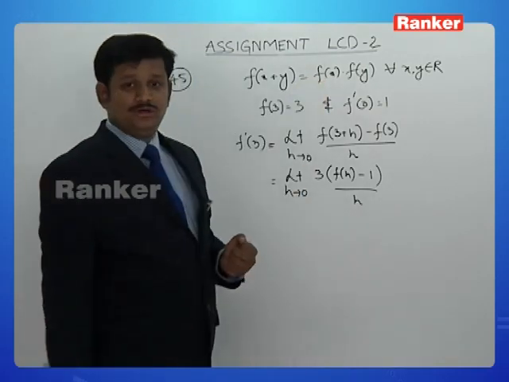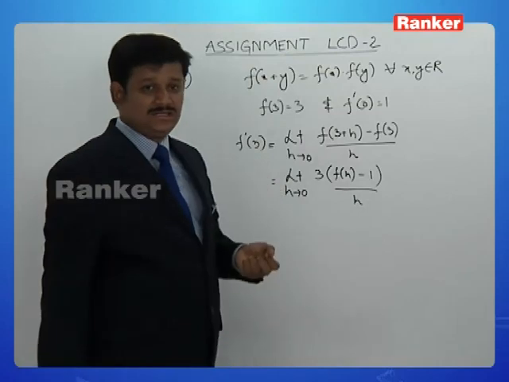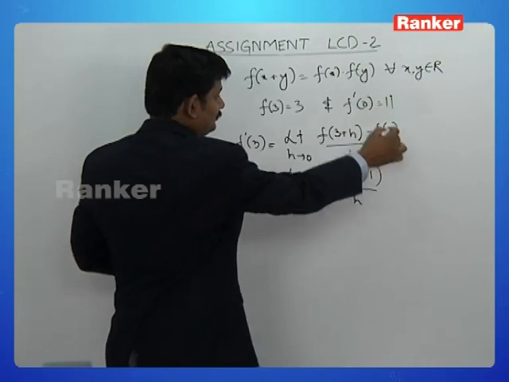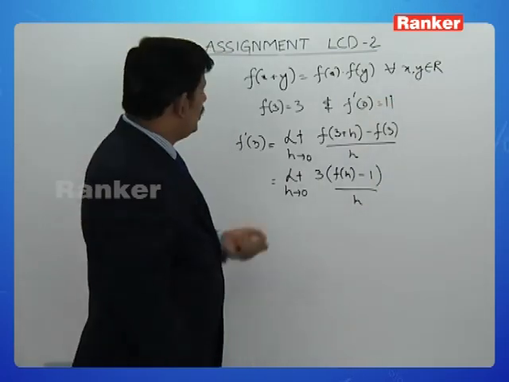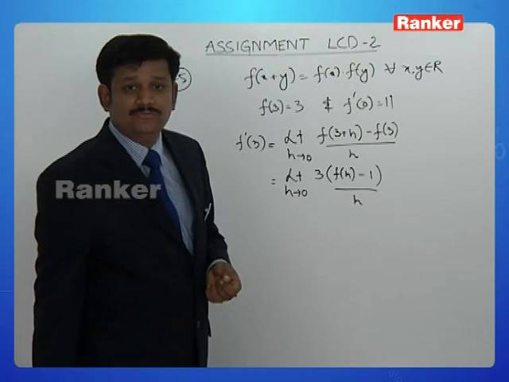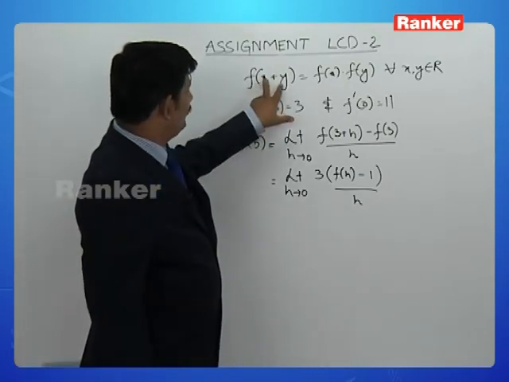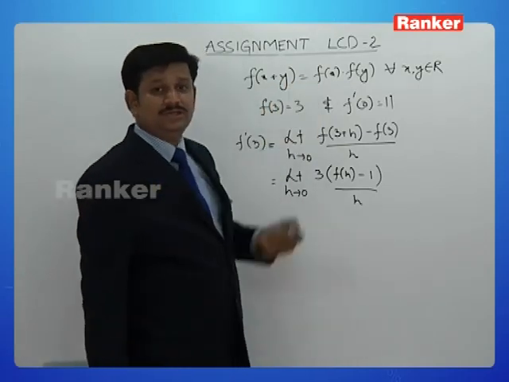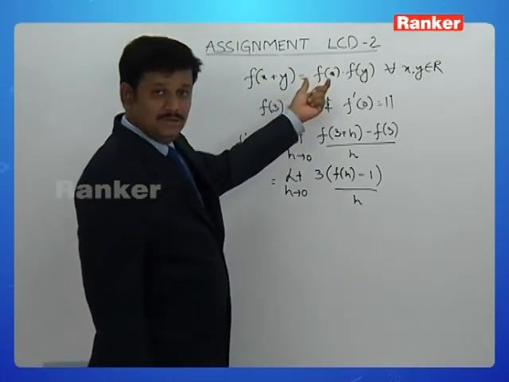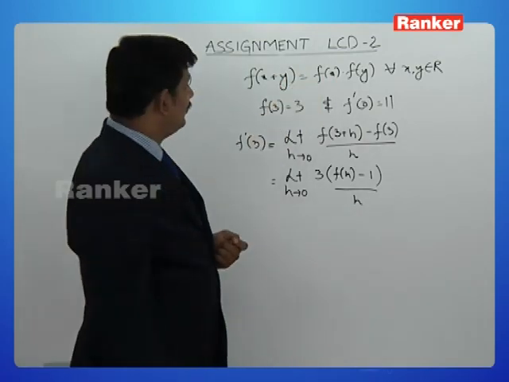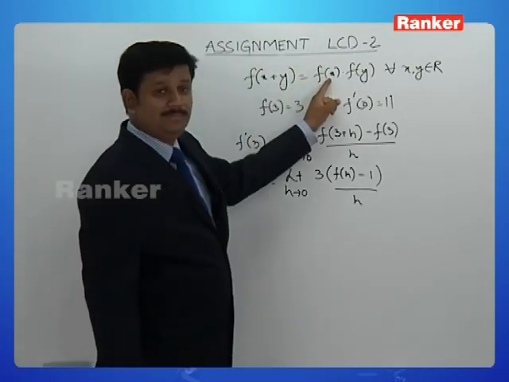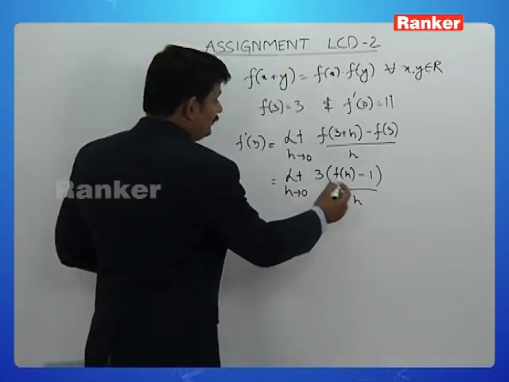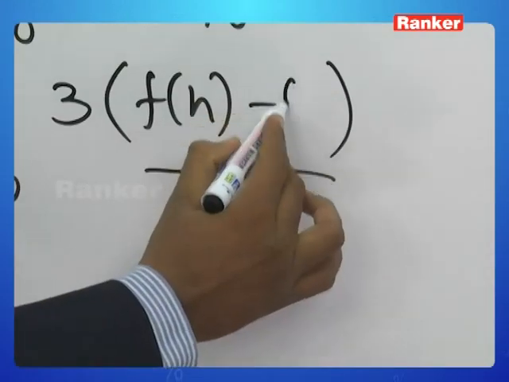That leaves us with two possibilities, f of 0 equal to 0 or f of 0 equal to 1. F of 0 can't be 0 because that makes the function identically 0, whereas f dash 0 is given to be 11. So, f of 0 has to be 1.